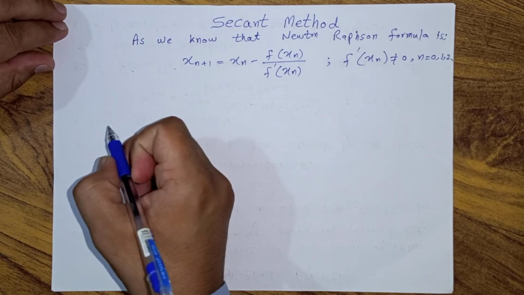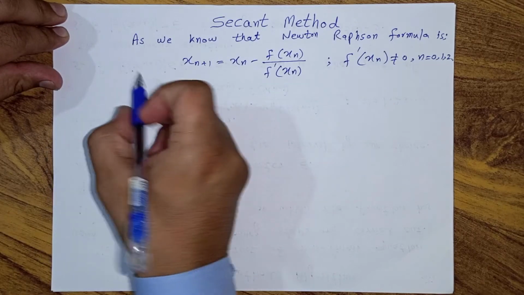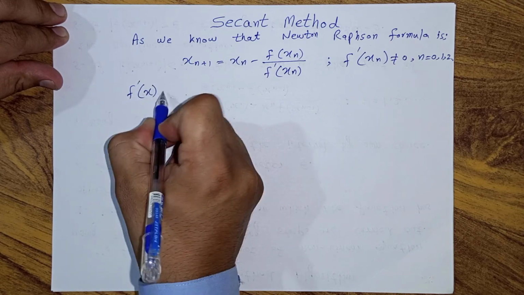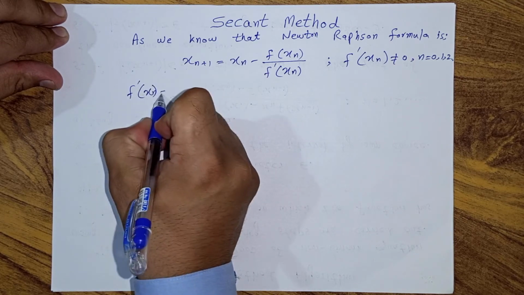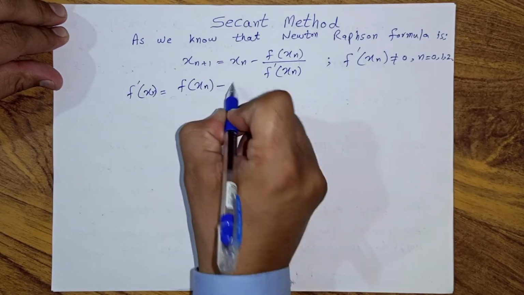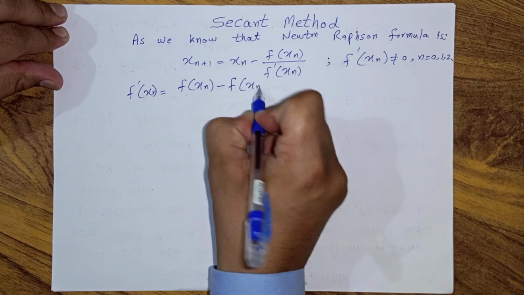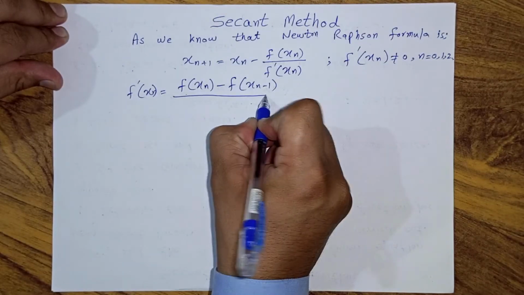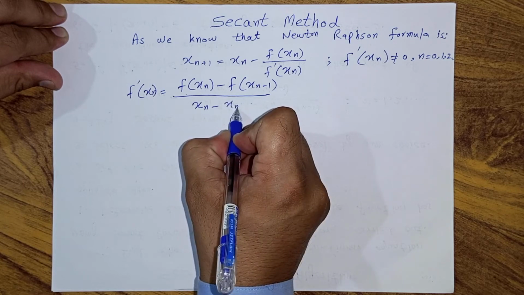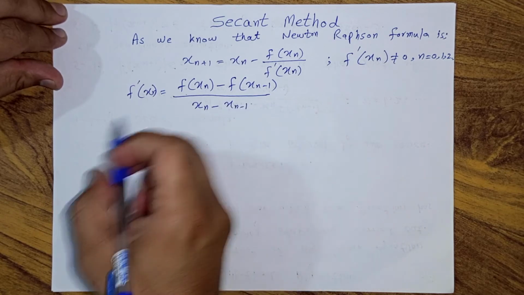Now, to derive the secant formula, we put f'(x_n) equals f(x_n) minus f(x_{n-1}) divided by x_n minus x_{n-1}.